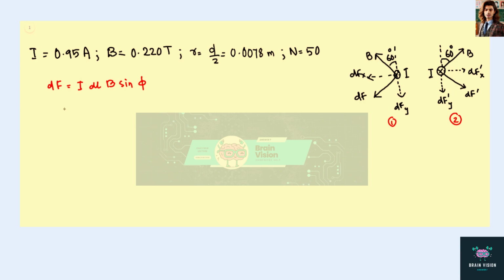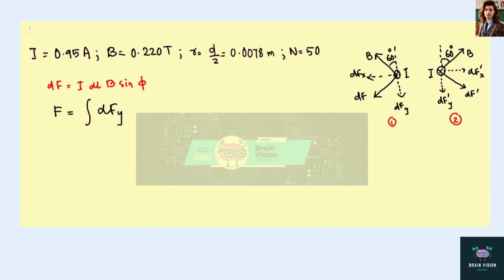That means that the net magnetic force on the coil is in the y direction because the x components simply cancel, and its magnitude will be given by F, let's say, which is the integration over all components along the y direction.